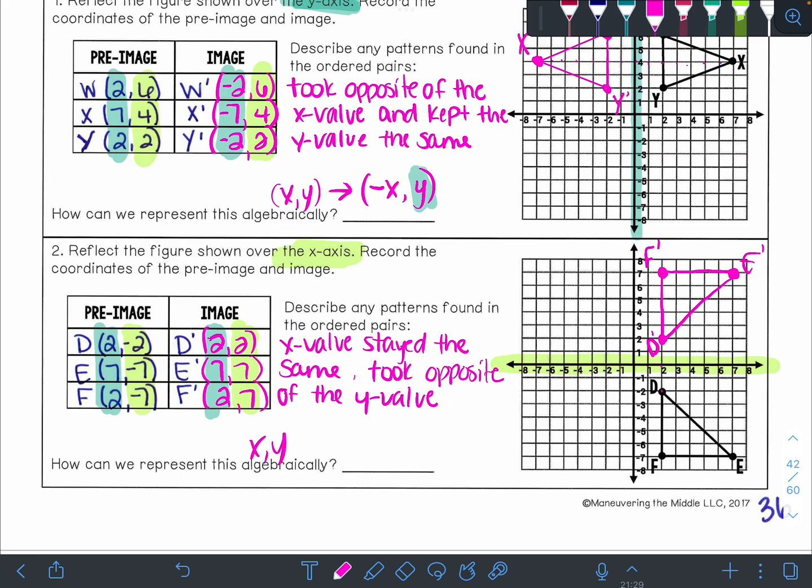So if I were to write my rule, I would have (x, y) transforms to (x, -y). X stayed the same, took the opposite of my Y. And notice, again, I reflected over the x-axis, my X stayed the same.